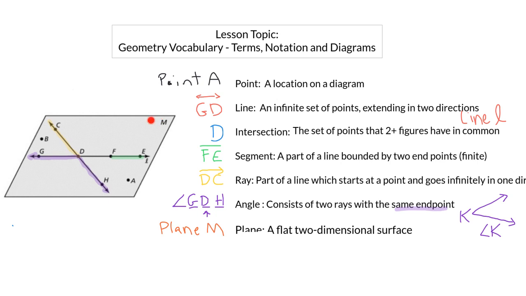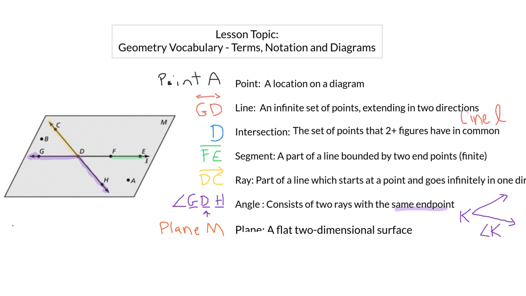Sometimes there isn't a letter in the corner, and when that is the case, we're going to name it with any three points that are on the plane, as long as they are not all on the same line. Okay, so this line right here has 4 points on it. We cannot name the plane GDF because that wouldn't actually define this plane specifically.